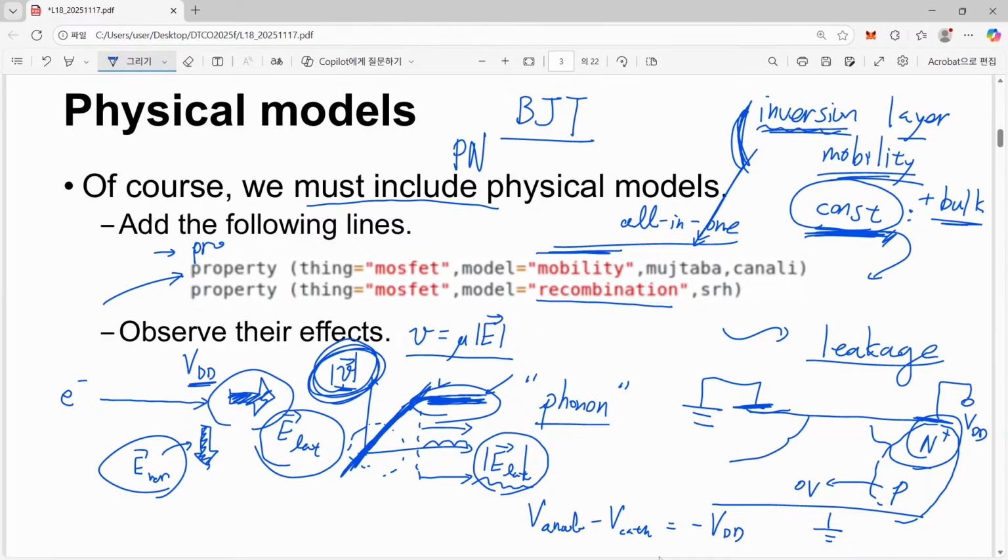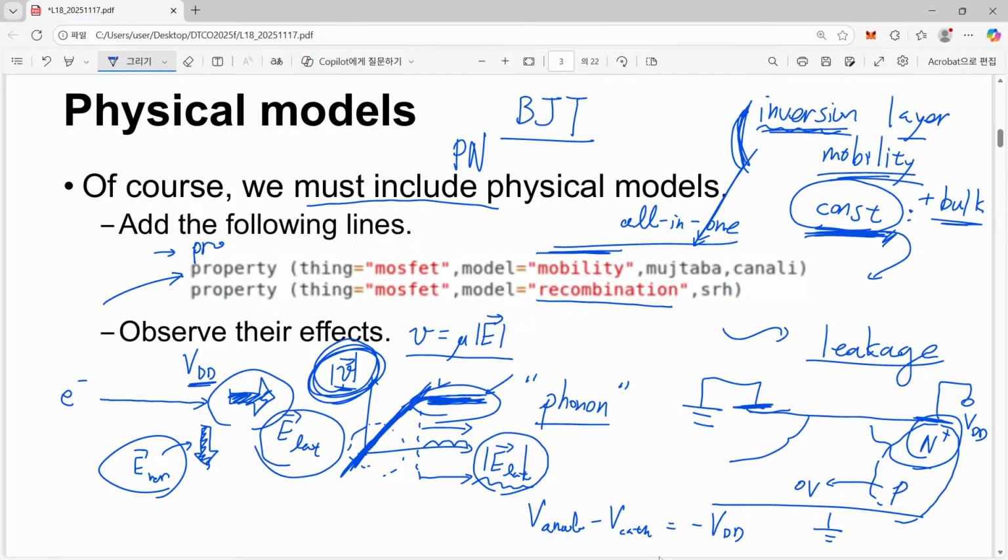So it is highly reverse biased. What we can say is that a PN junction when reverse biased is just rectifying the current. It does not conduct any meaningful current.